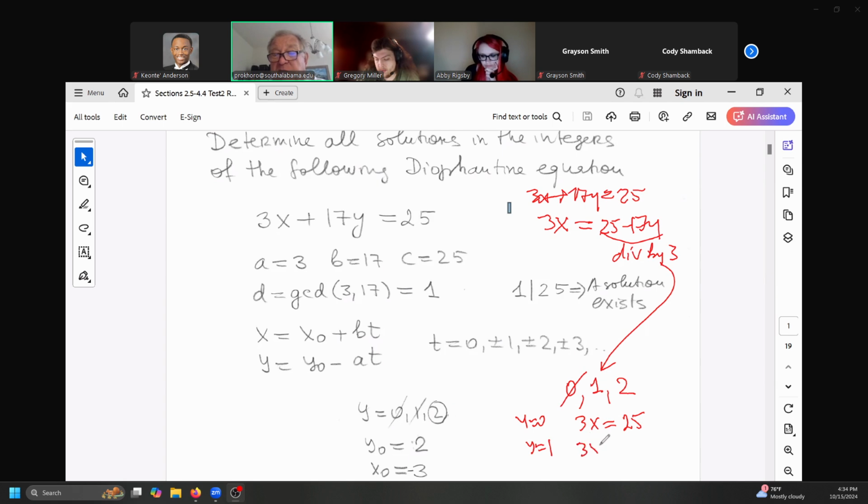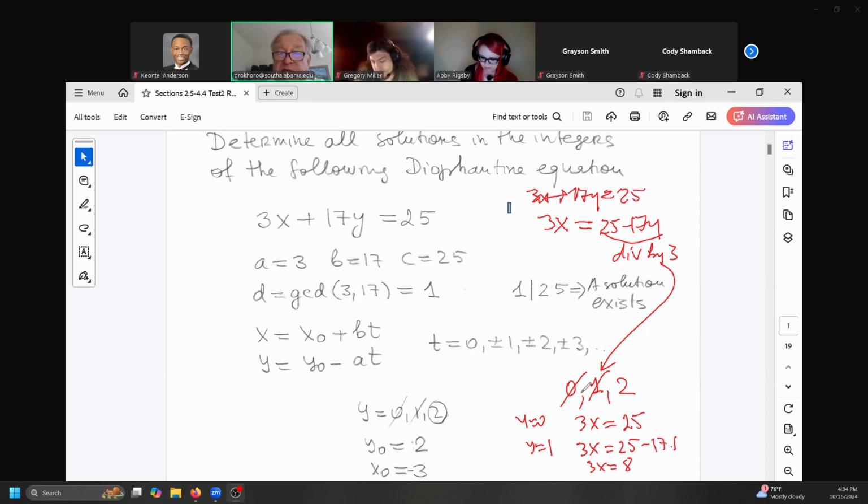We write 3x equals 25 minus 17 times 1, which is 25 minus 17, or 8. So 3x equals 8. No solution, so we cross out 1 also, because there is no solution for x in integers.